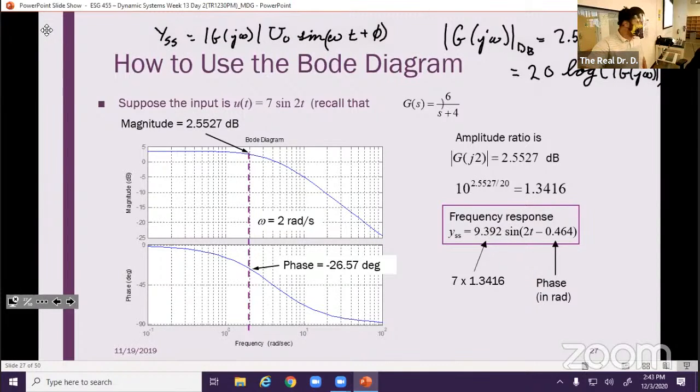I want the original magnitude because I need to take this and put it into this equation. So how do I do that? Well, I'm going to algebra this. First thing I have to do is divide by 20, right?